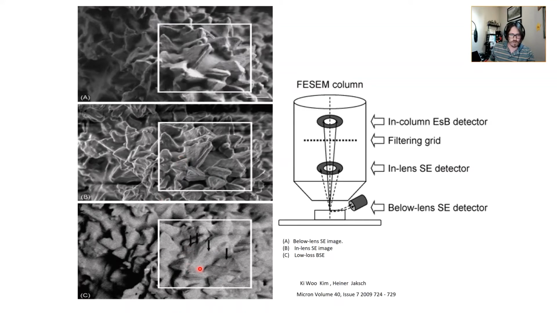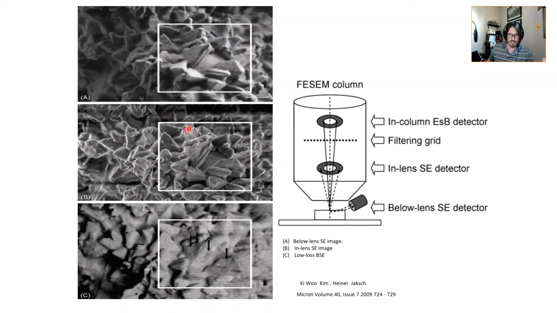Here it'd be really hard to discern this as a depression or a hole in your specimen. With the secondary imaging, you get better topographical, or classically, historically, you've gotten better topographical type of information. So I can say pretty confidently this is lower than this, relative to the same Z.